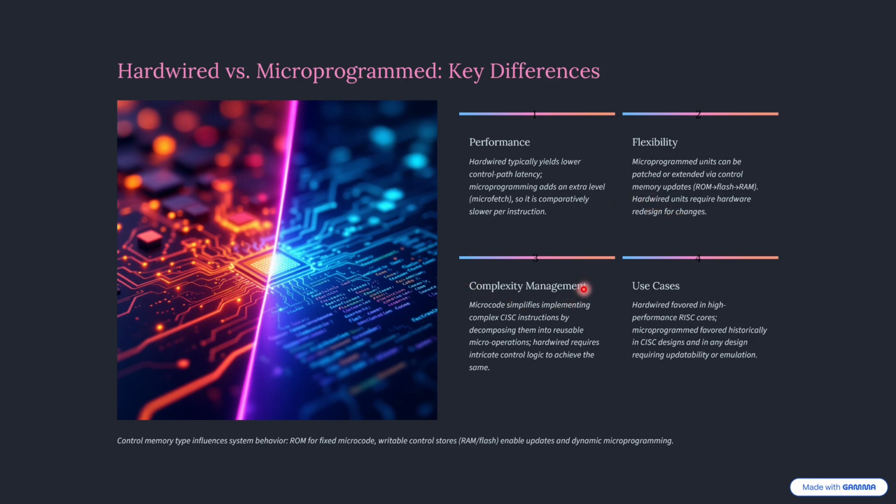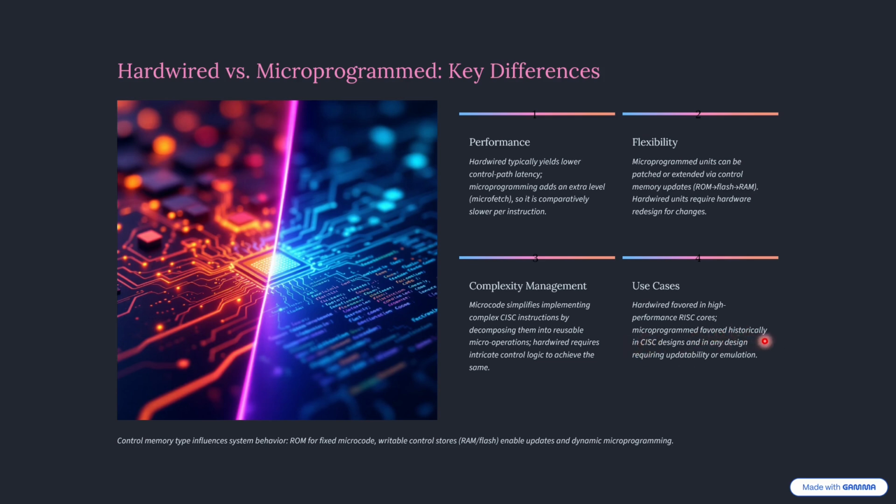In complexity management, microcode simplifies implementing complex CISC instructions by decomposing them into reusable microinstructions. On the other hand, hardwired requires intricate control logic to achieve the same. Use cases: hardwired is favored in high performance RISC cores.